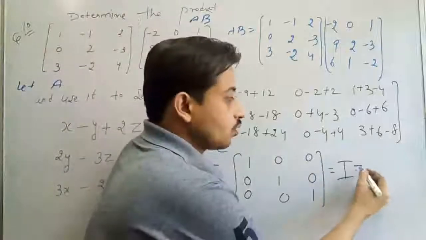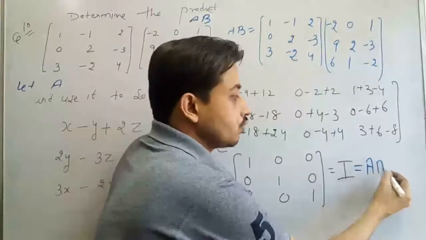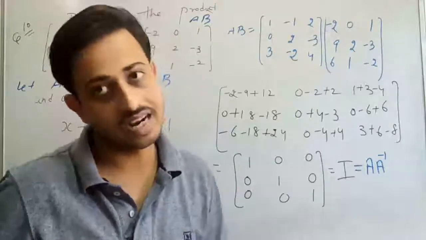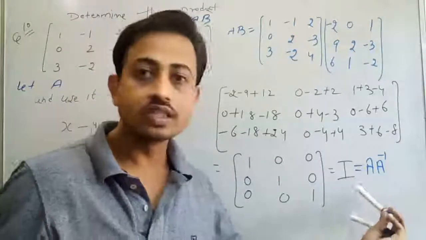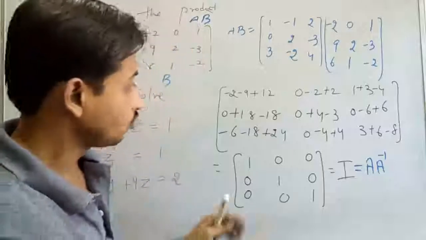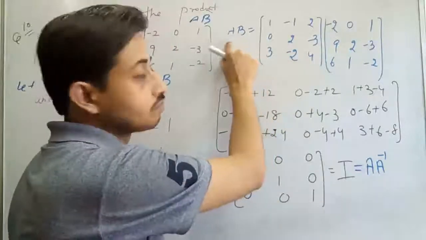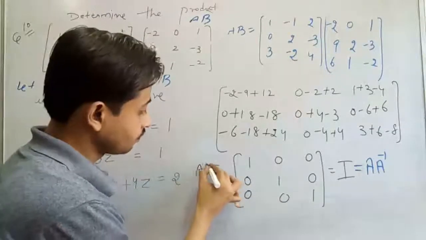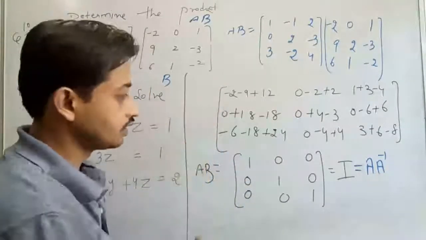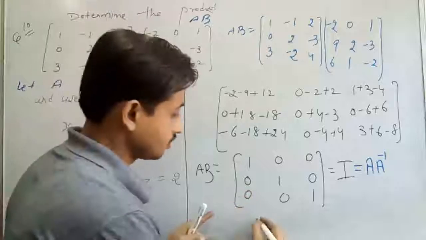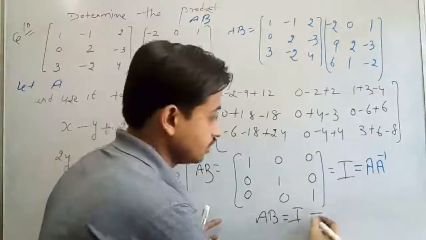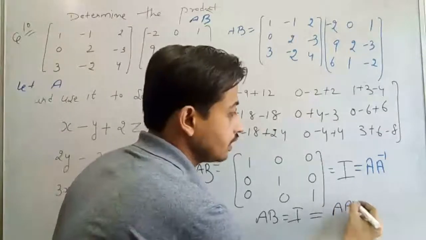So this can also be written as A into A inverse, because A into A inverse is the identity matrix. I am going to use this concept. The left hand side is AB. So we get AB is equal to I is equal to A inverse.